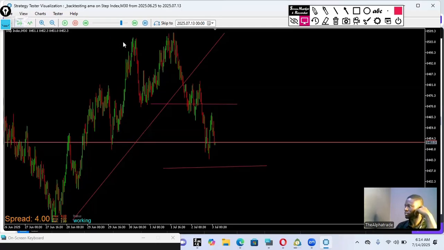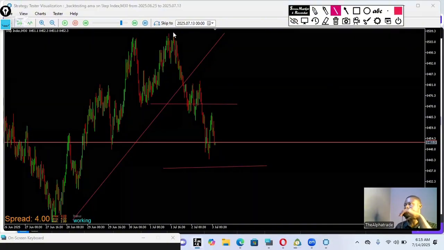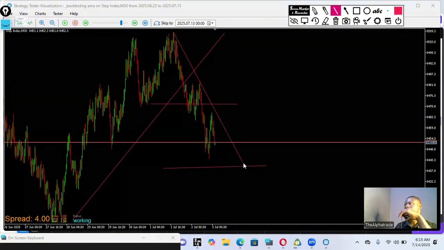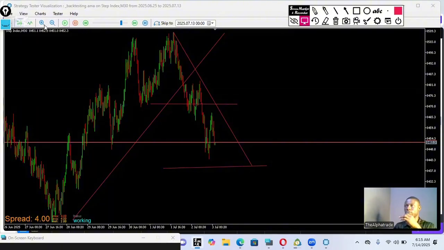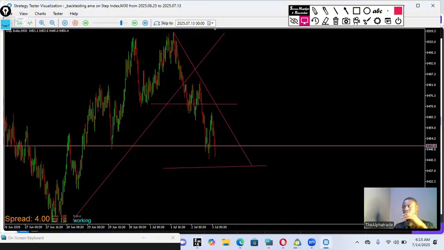Now, as for the fact that it is a retracement, what you have to do is draw another major trend line again. We want to see price break this trend line, then we'll find a way to take a trade right here if price breaks it. So let's keep watching and see what happens.